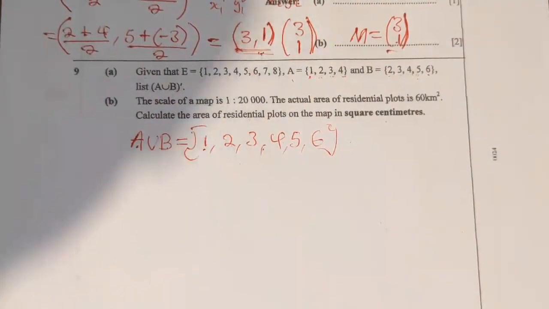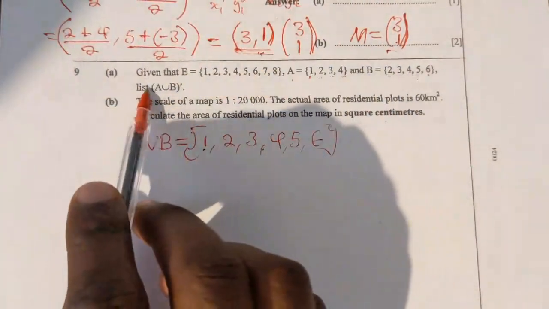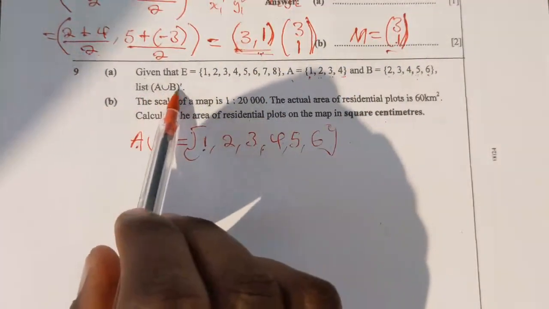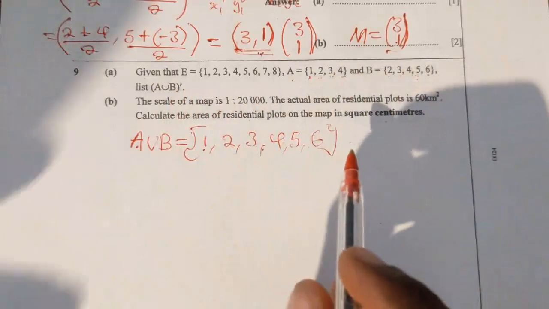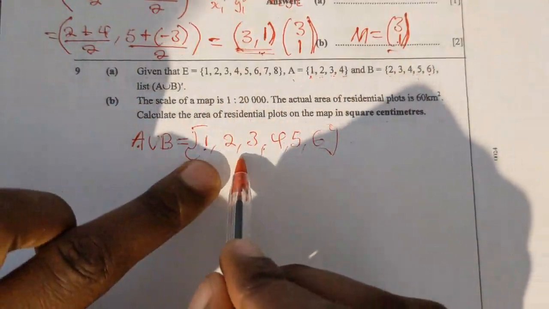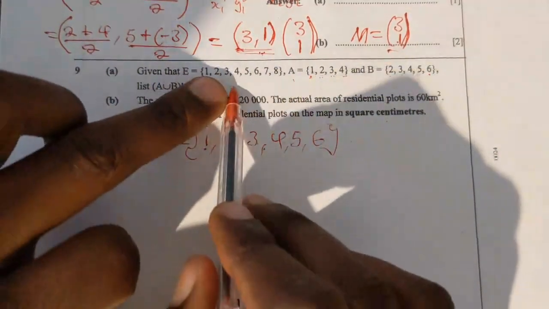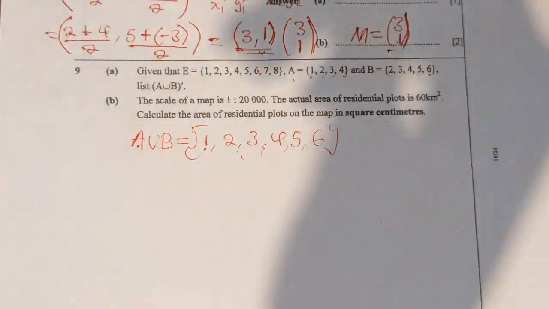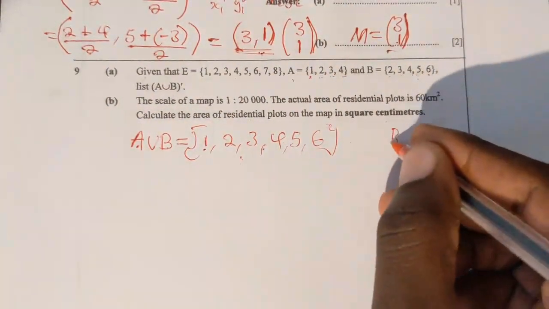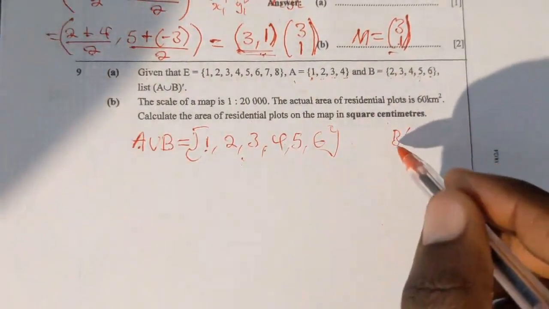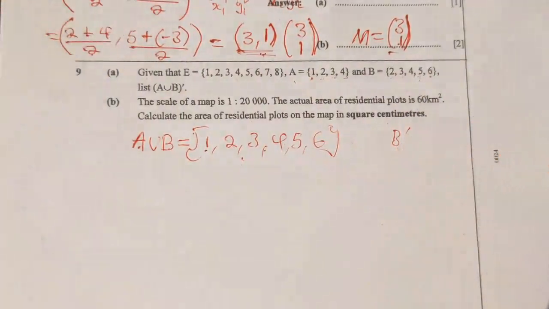Now, what the question is saying is complement. The complement means not those that are in here, but the ones that are in the universal set. If they say B complement, they are saying don't get those that are in B, but get those that are in the universal set.